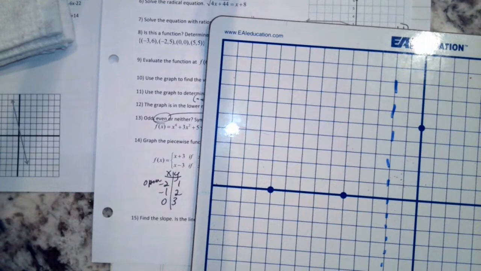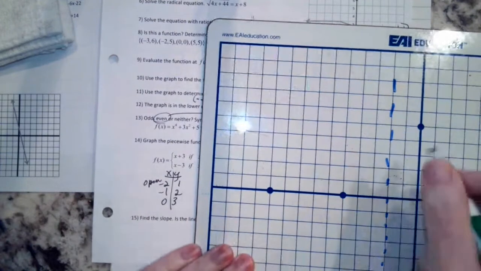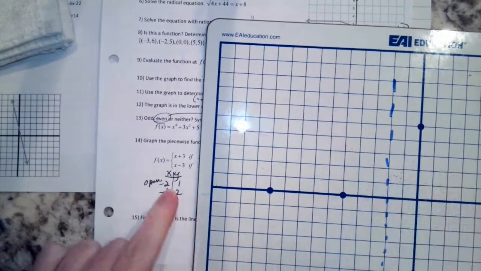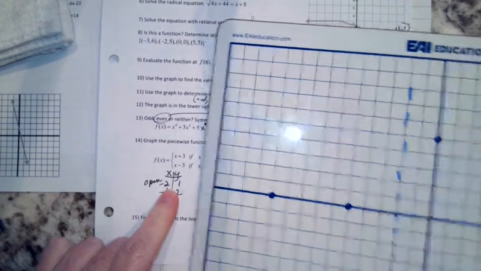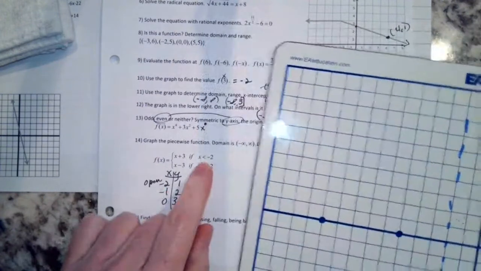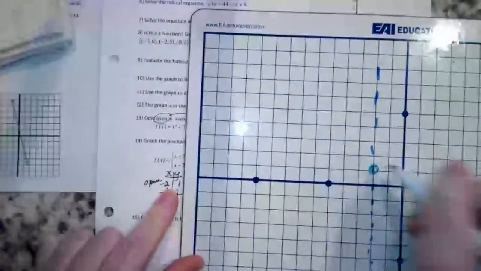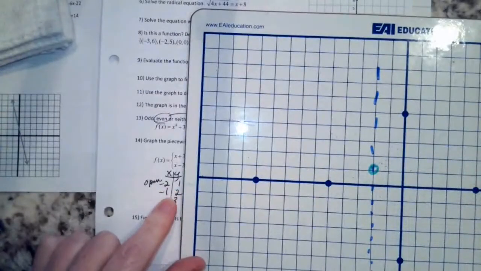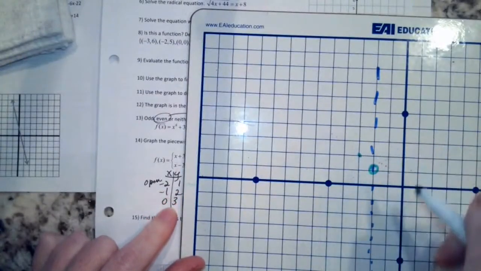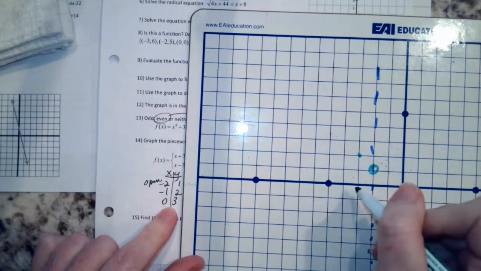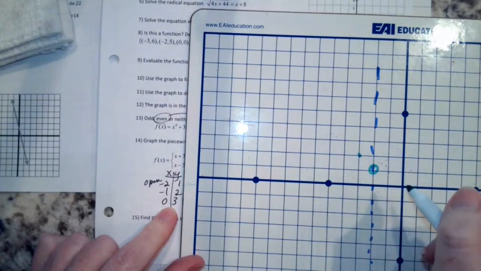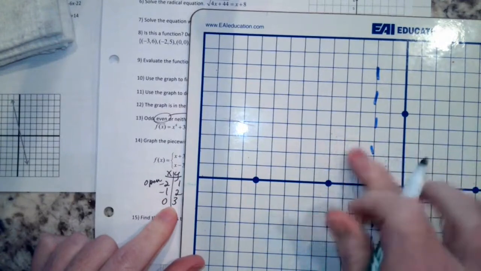Use a green one on this side. So -2, 1, that point is on there, but remember this says for x's that are less than -2, and -2 is not less than -2, so we've got to use an open circle there. Then we've got -1, 2, and we've got 0, 3. Oops, let me try again on that.